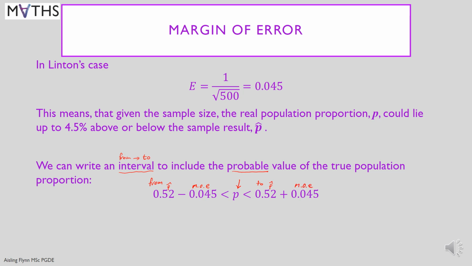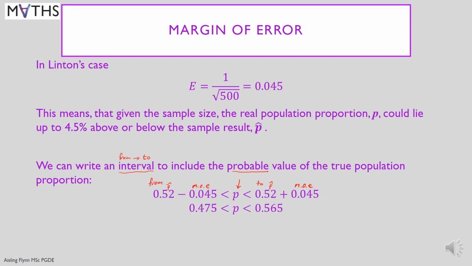So let's see what that works out as. When you subtract and add, what we're saying is that the true population proportion P most likely lies between 0.475 or 47.5% and 0.565, 56.5%.